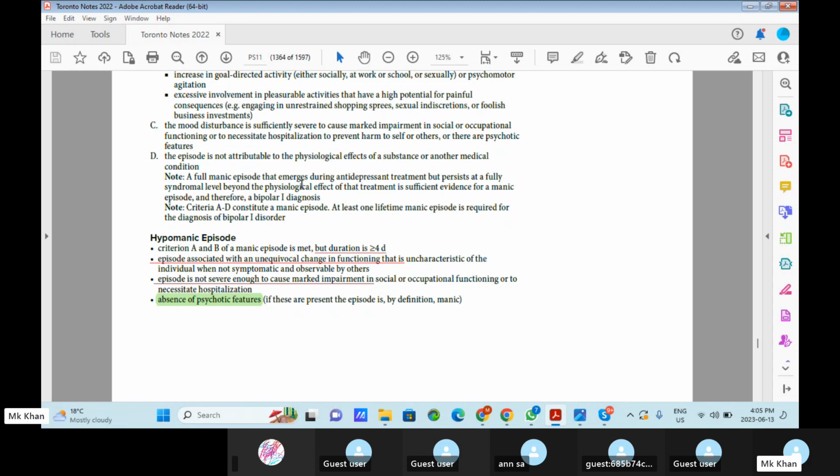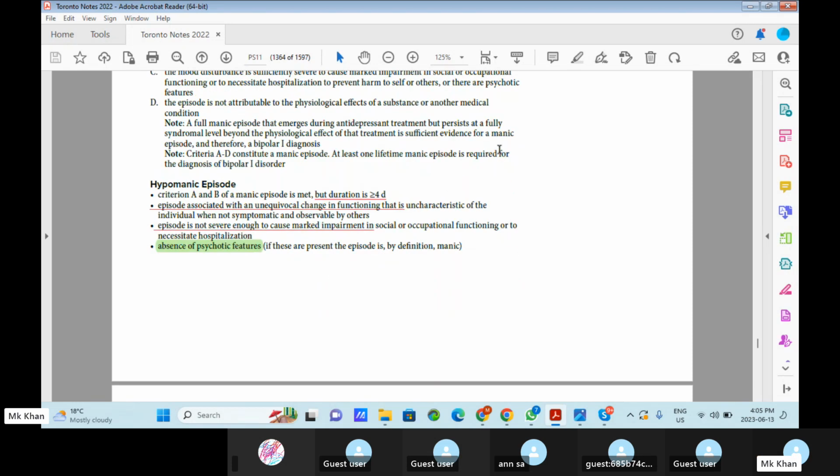A full manic episode that emerges during antidepressant treatment but persists at a fully syndromal level beyond the physiological effect of that treatment is sufficient evidence for a manic episode and therefore a bipolar 1 diagnosis. We will see what bipolar 1 is, but if there is even one complete manic episode, they can diagnose it as bipolar 1.